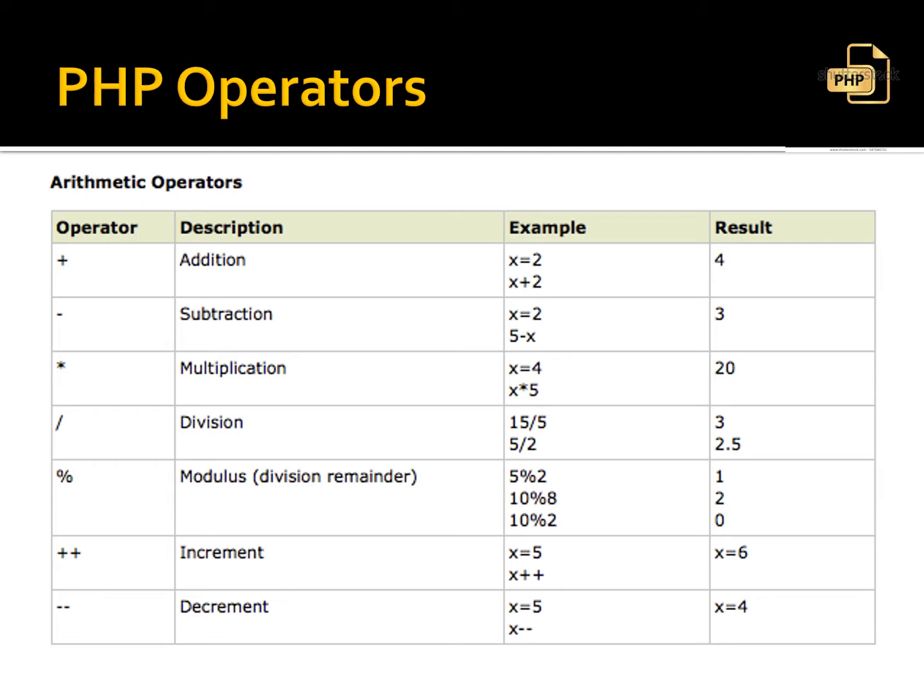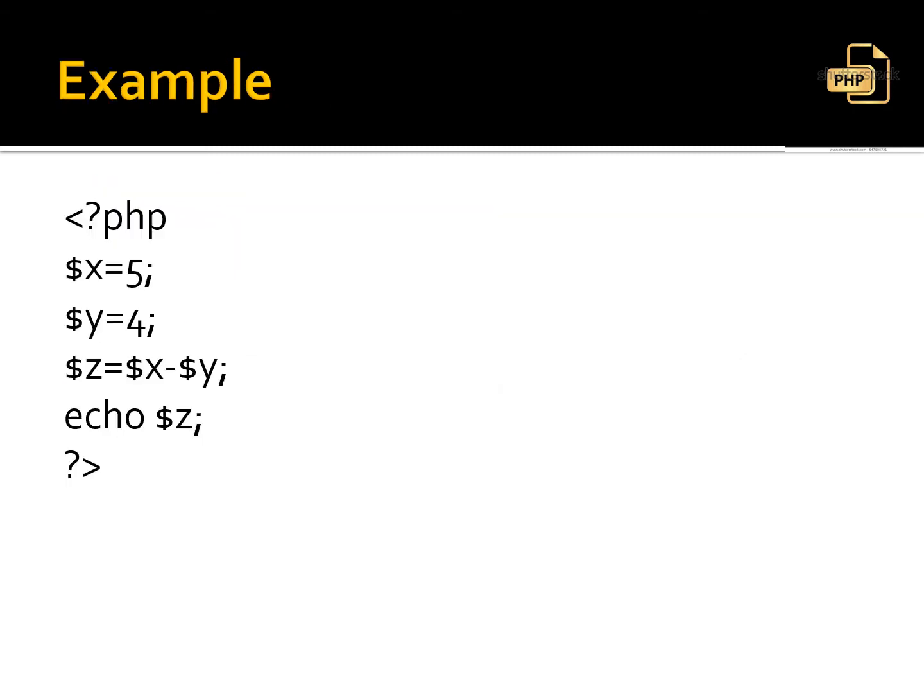Then 5 modulus 2, the remainder is 1. x is equal to 5, x plus plus, that is, the value is incremented by one, so the answer is 6. x is equal to 5, x minus minus, that is, the value is decremented by one, so the answer is x is equal to 4. So these are the different arithmetic operations that are available in PHP.